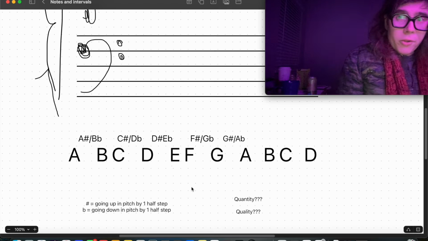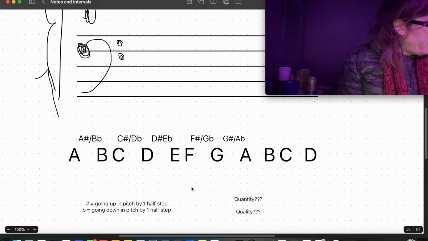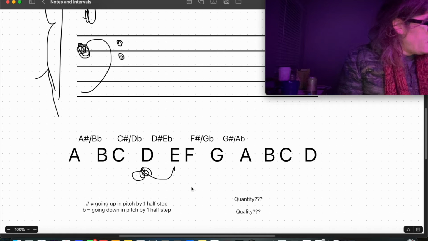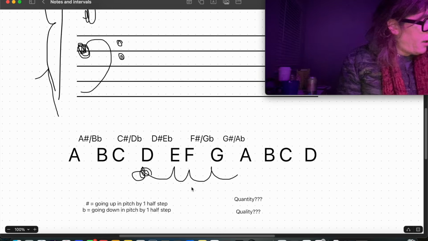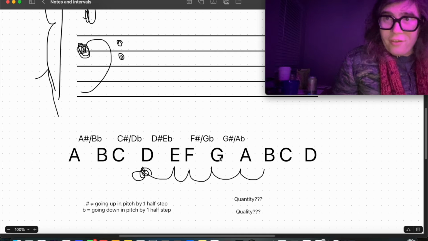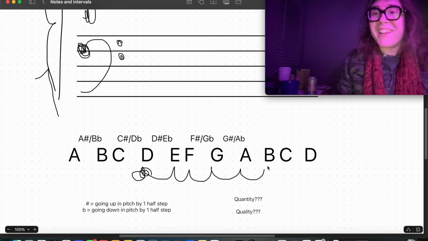Did you count the one you started with as 1? I hope you did. Let's do it together. So we have D, E, F, G, A, B. That was D for 1, E for 2, F for 3, G for 4, A for 5, B for 6. It's a sixth.